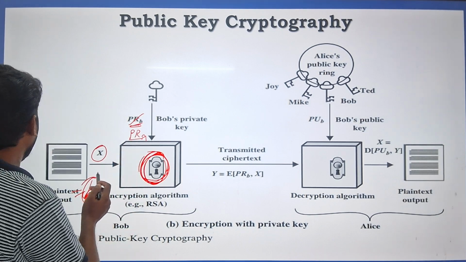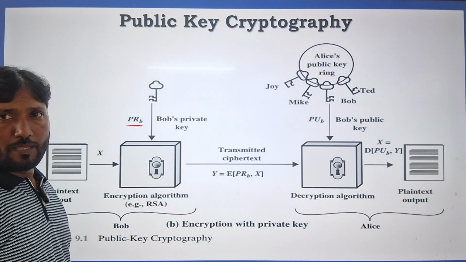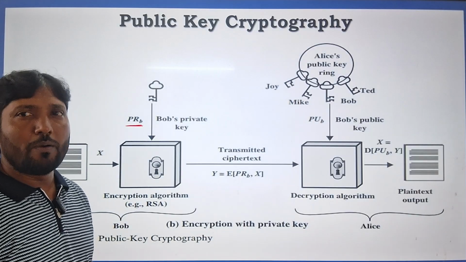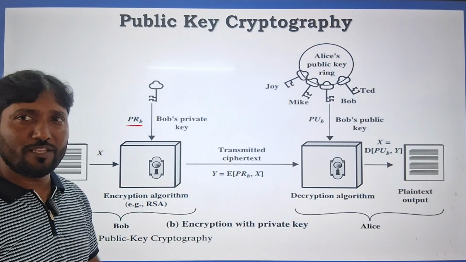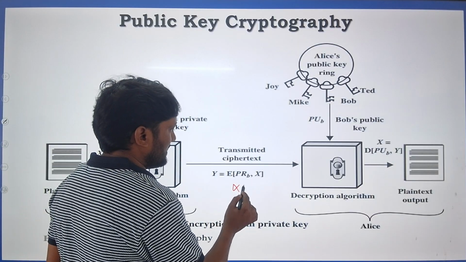Here the data is encrypted by using the private key of B. That means the value can be decrypted by anyone, because the public key of B is held by all the users in the communication.